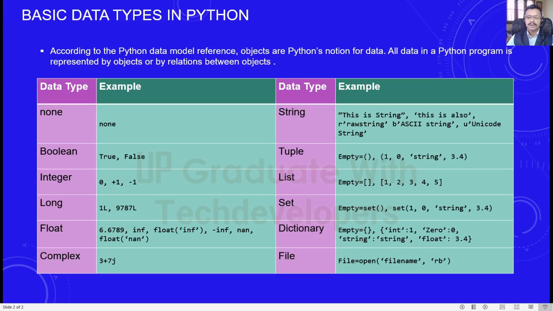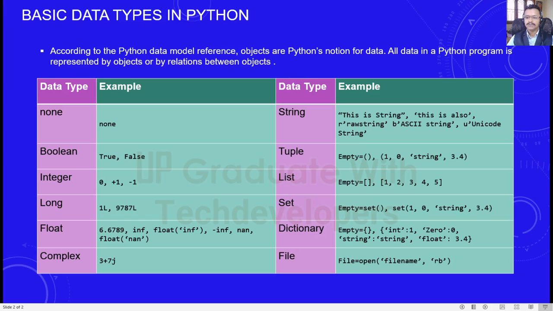Next we have string. Strings are represented inside single quote, double quote or triple quote. We have seen how to represent strings in our previous lesson. Here there are special types of strings.